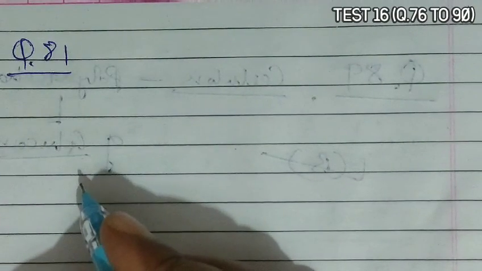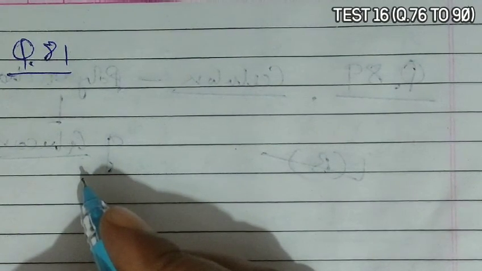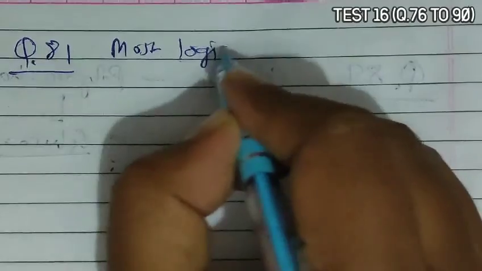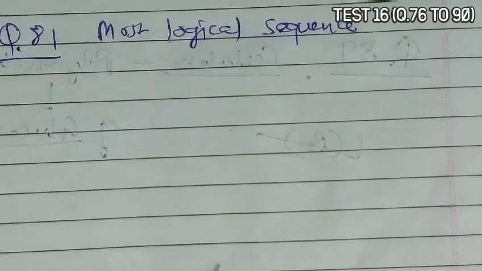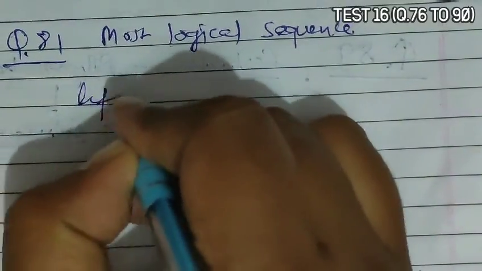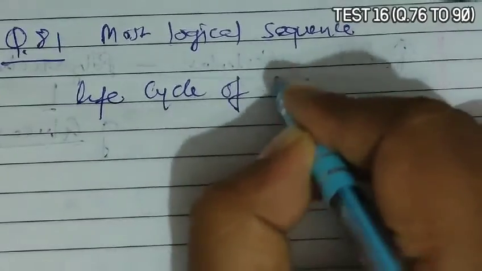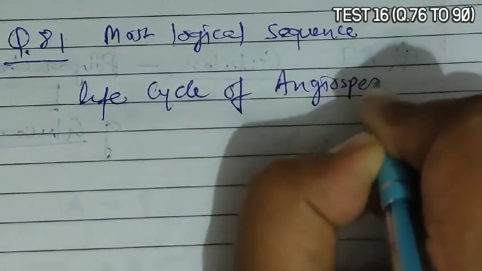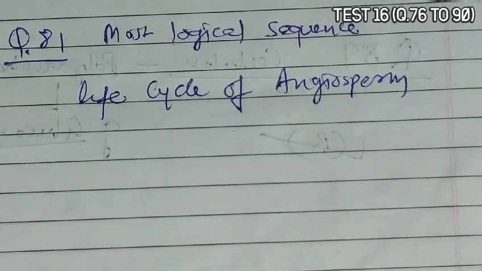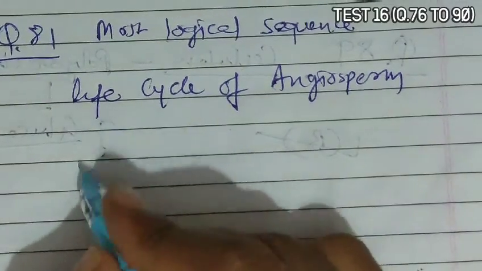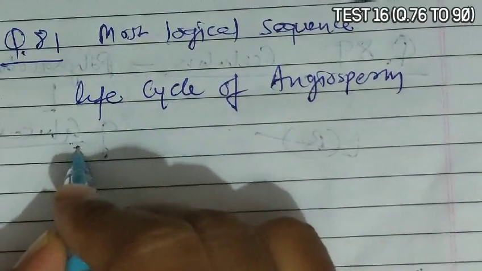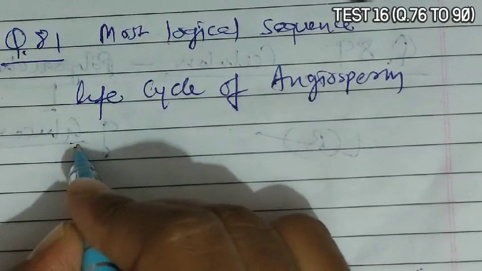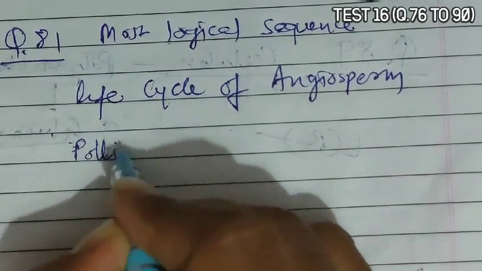Question 81 asks which is the most logical sequence with reference to the life cycle of angiosperm. First there is a formation of microspore and megaspore by microsporogenesis and megasporogenesis, then pollen grain transfer from anther to the stigma, which is known as pollination.